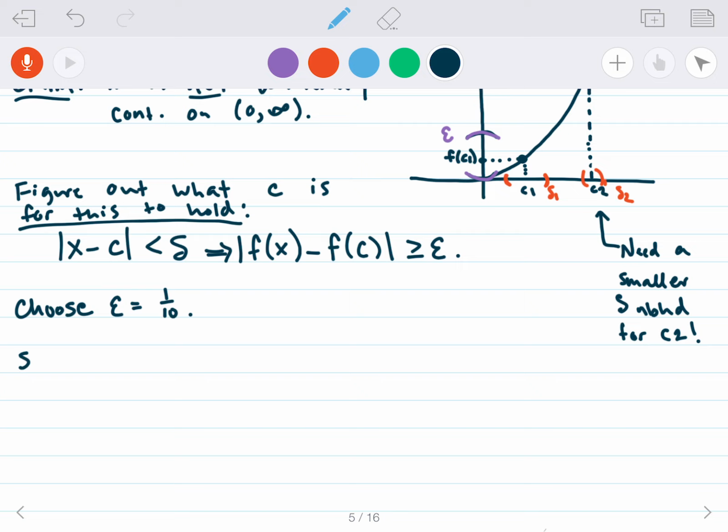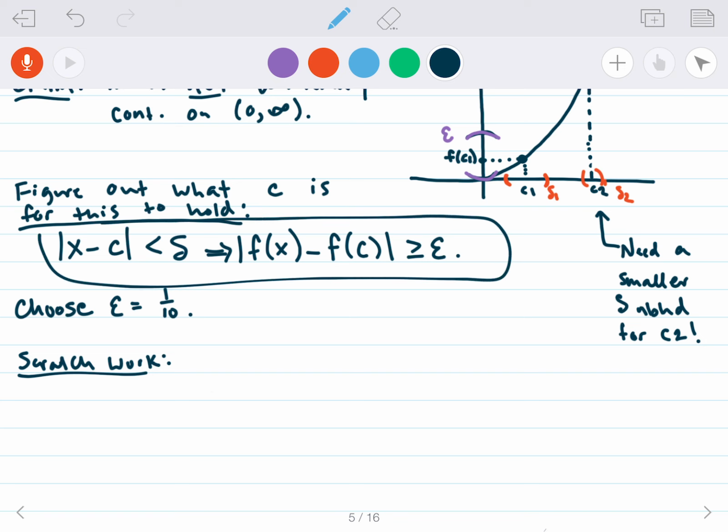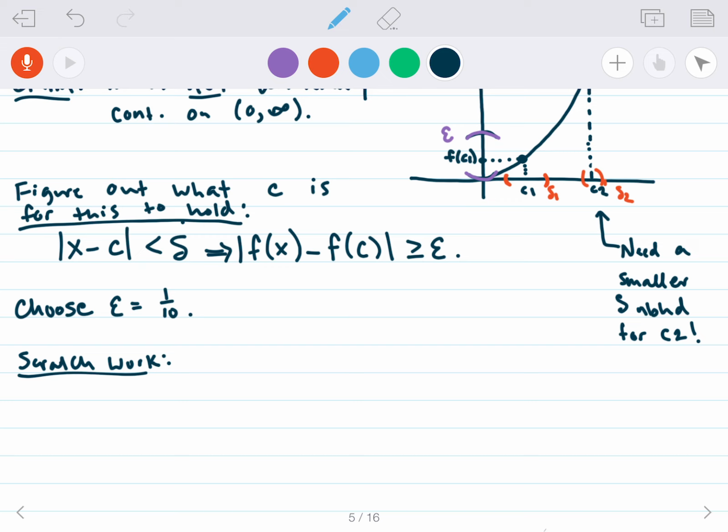So let's just do some scratch work. We're trying to figure out what c needs to be for this to fail. If there was such a delta, if this thing were uniformly continuous, then this would have to be less than epsilon for every c. And so for our scratch work, if we look at f of x minus f of c, we have x squared minus c squared greater than or equal to epsilon, which in our case is 1 over 10.